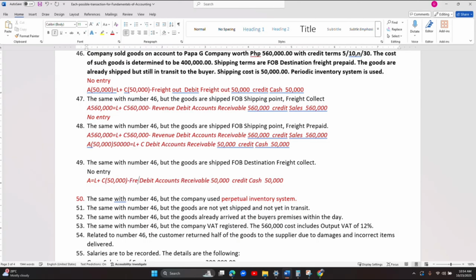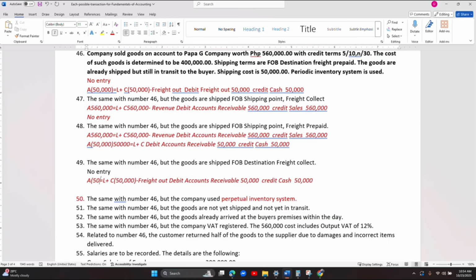So you have to debit freight out. Again, this is an expense, so it's not balanced, right? So what's the other one? The other one is that with freight collect, your receivable will be affected.